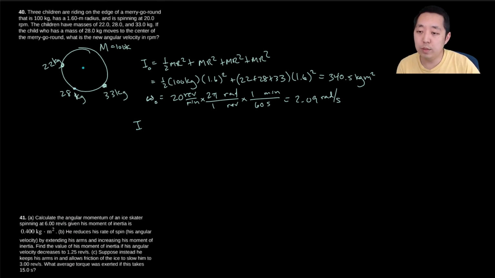Now, when this child moves to the center, he no longer has the mr squared contribution; it's 0. So the final rotational inertia is now a new mass distribution, the 1/2 mr squared, but really only two children now. So this could be 1/2 times 100 kilograms times 1.6 squared, plus now just 22 plus 33 times 1.6 squared.